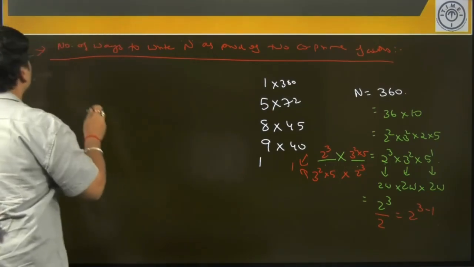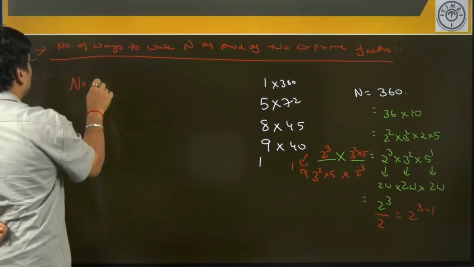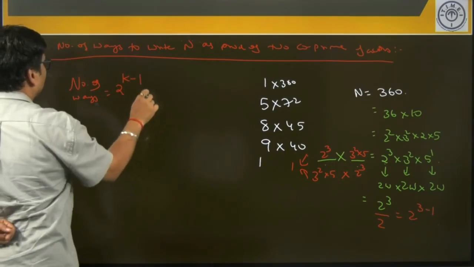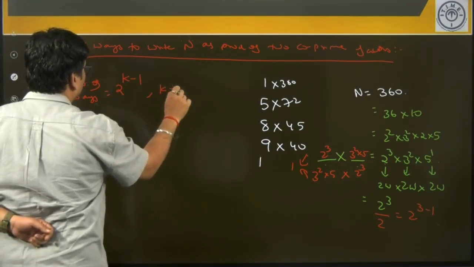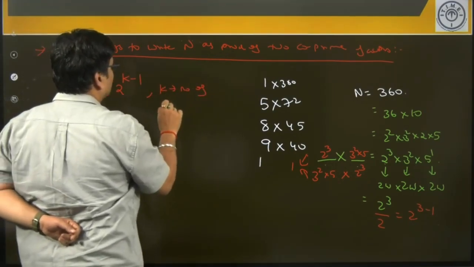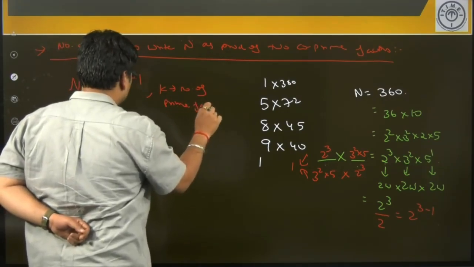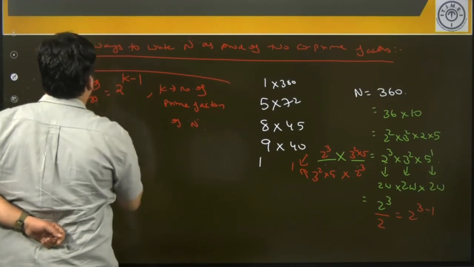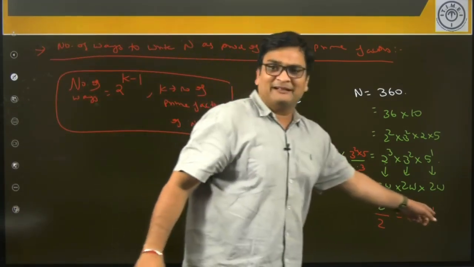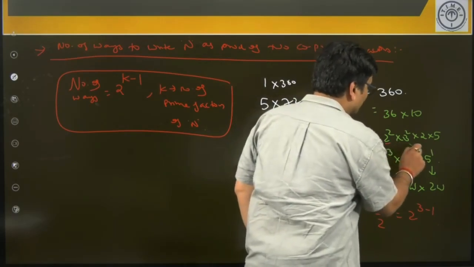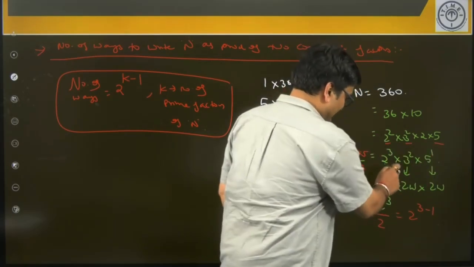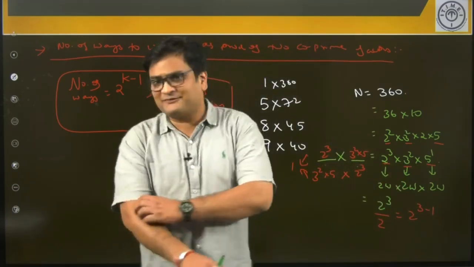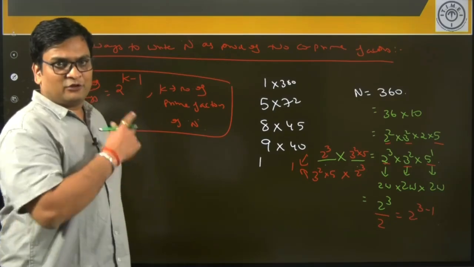Hence the formula: number of ways will be simply equal to 2 to the power k minus 1, where k is the number of prime factors of n. So 2 to the power 3 minus 1. Now what is that 3? 3 is the number of prime factors, 2, 3 and 5. We had only 3 prime factors, so 2 to the power 3 minus 1 is going to be our answer for this. I hope we are clear with this.